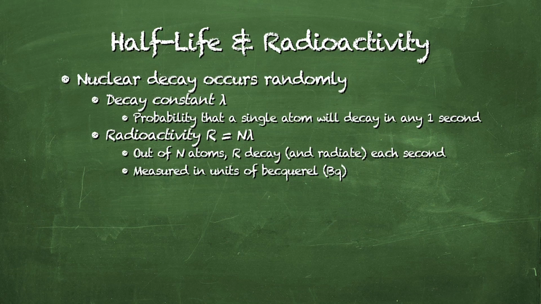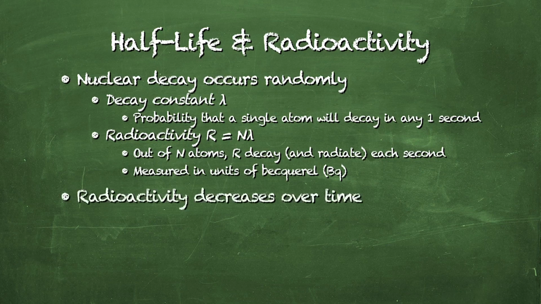Therefore, N decreases over time when the atoms decay. That means that the radioactivity also decreases over time. The radioactivity follows the law: radioactivity is equal to R0, the radioactivity that you had initially, times 1/2 raised to the power of t divided by t 1/2.